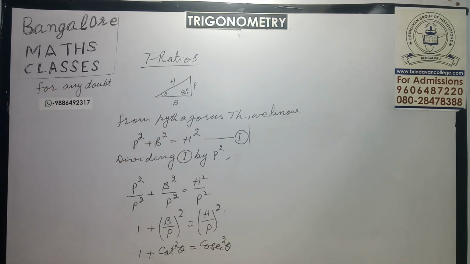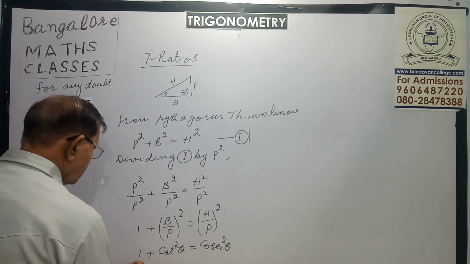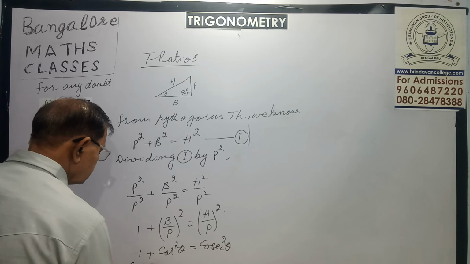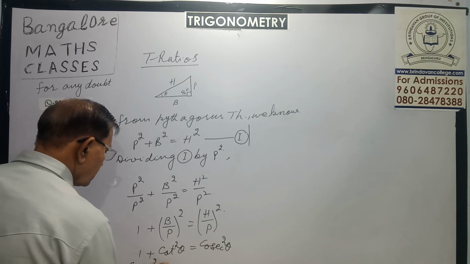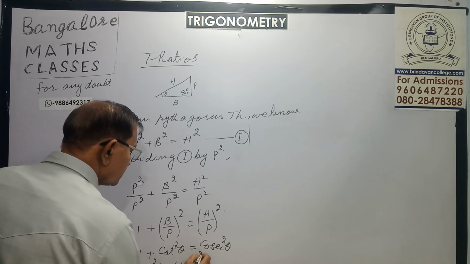So we have got the identity cosecant square theta equals 1 plus cot square theta.